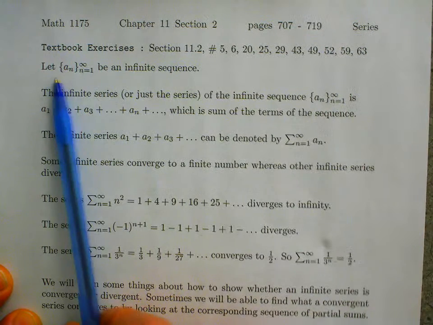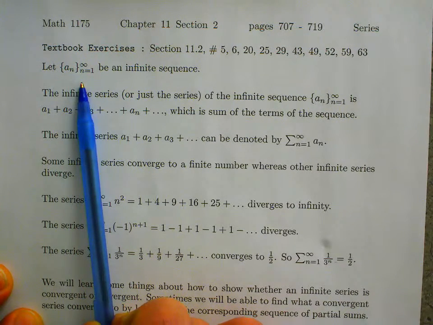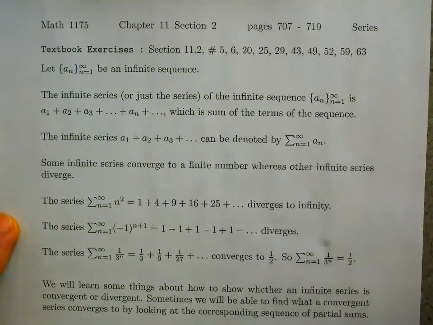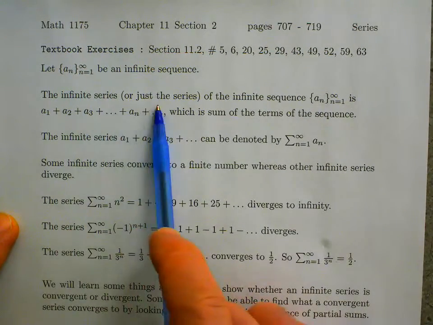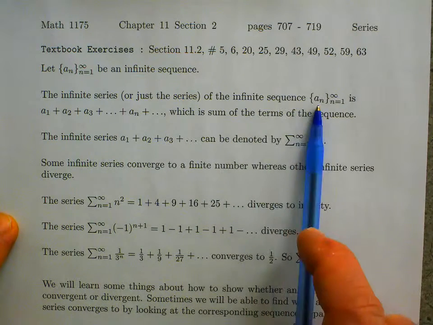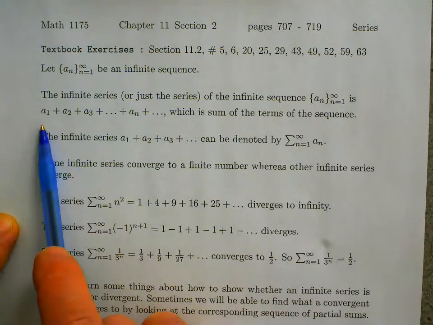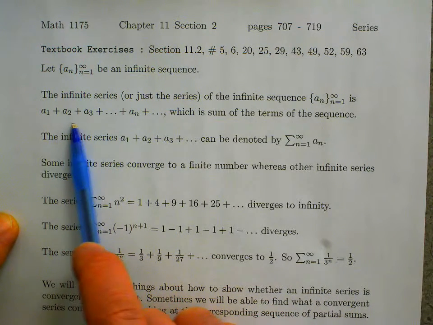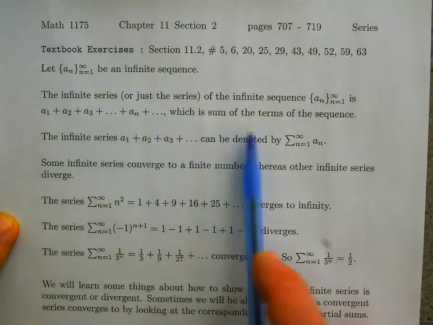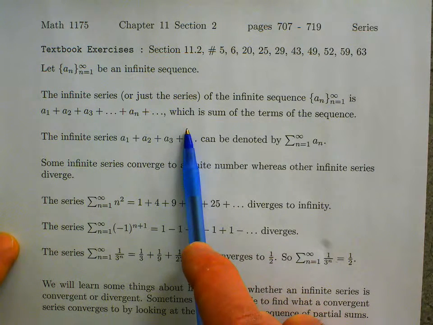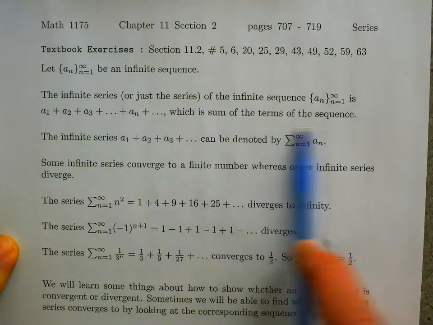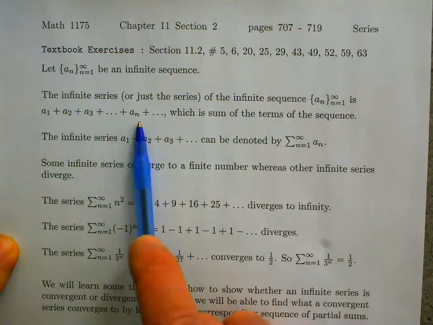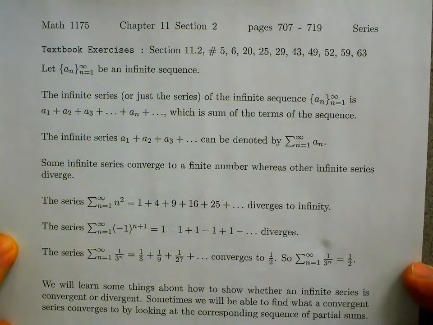So let a sub n, as n equals 1 to infinity, be an infinite sequence. The infinite series, or just the series, of the infinite sequence a sub n is the sum of the terms in that sequence, a sub 1 plus a sub 2, and so on. So we're just adding the terms of an infinite sequence, and we refer to that sum as an infinite series, or just a series.